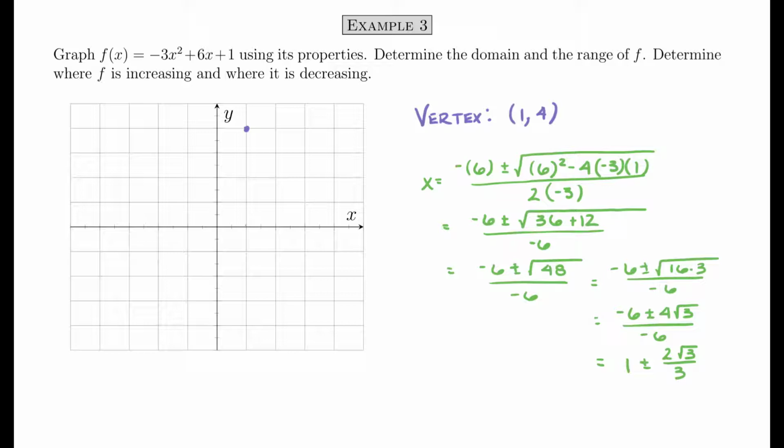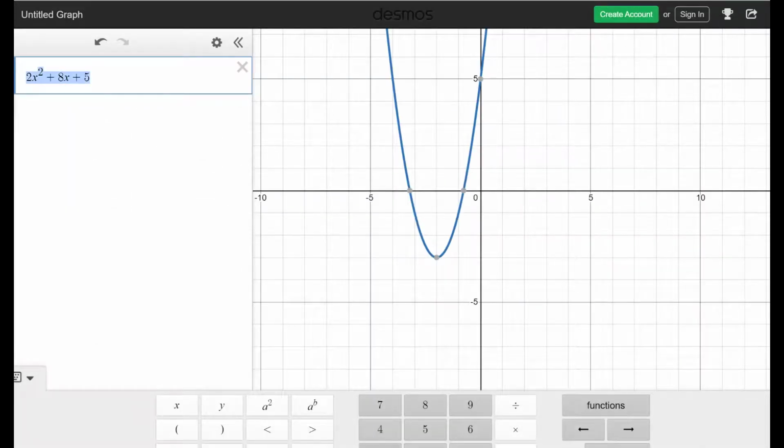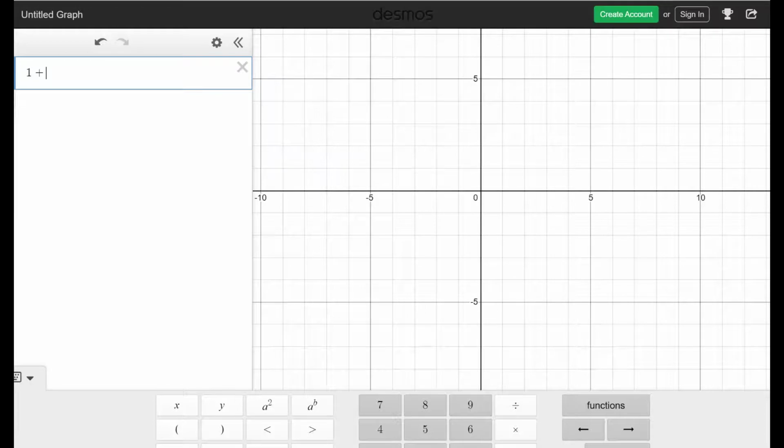Let's see, 1 plus 2 radical 3 over 3. I can type that in. One plus 2 radical 3 over 3 is 2.15, and then we also are going to do 1 minus, and it's negative 0.15.